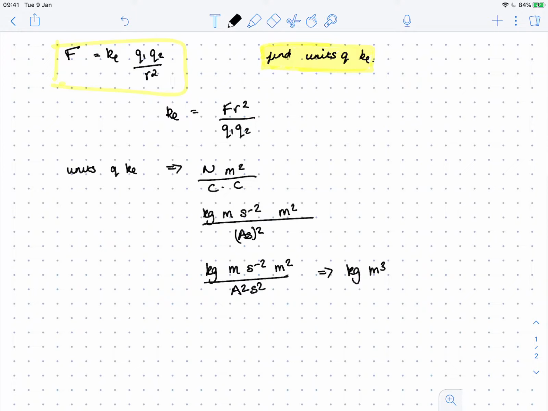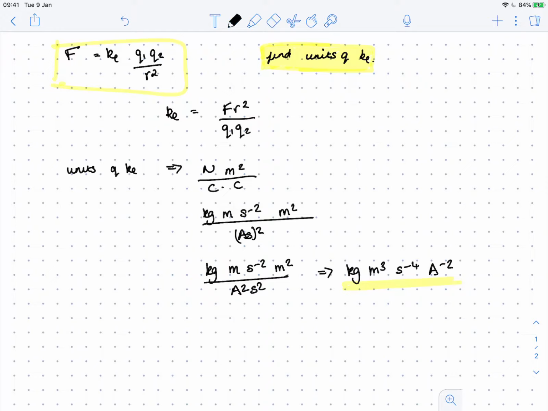Don't be tempted to cancel these; they end up as s to the minus 4. And then I have amps to the minus 2.